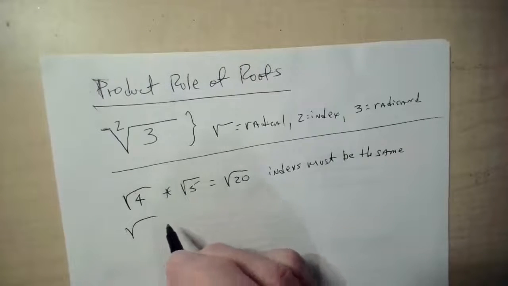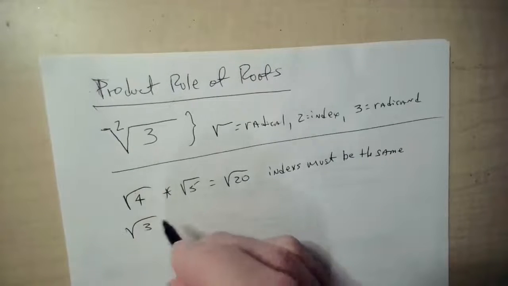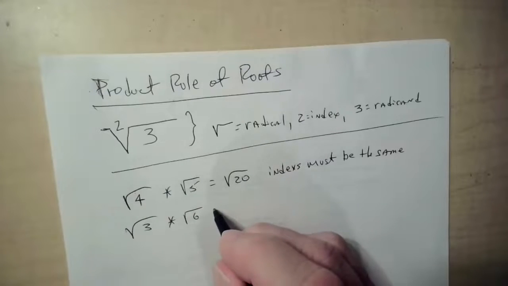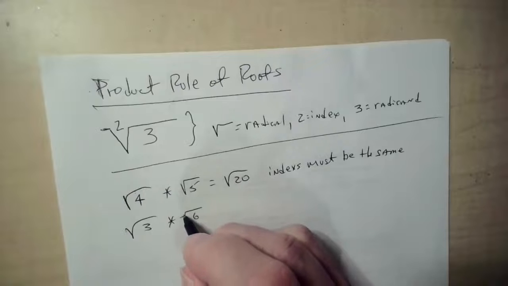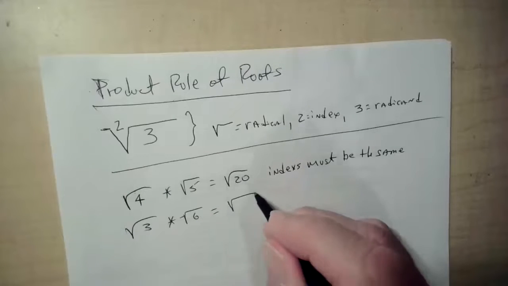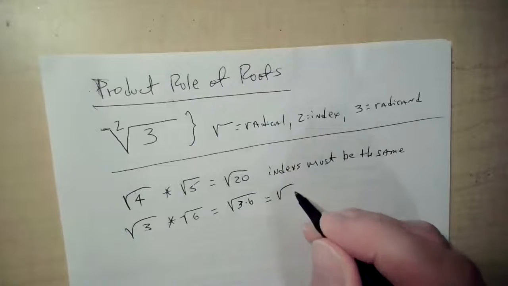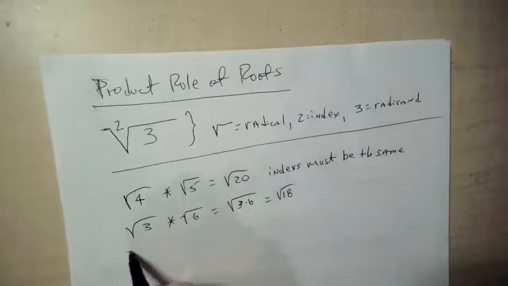So if we had the square root of 3 times the square root of 6, that's the square root of 3 times 6, which is the square root of 18.